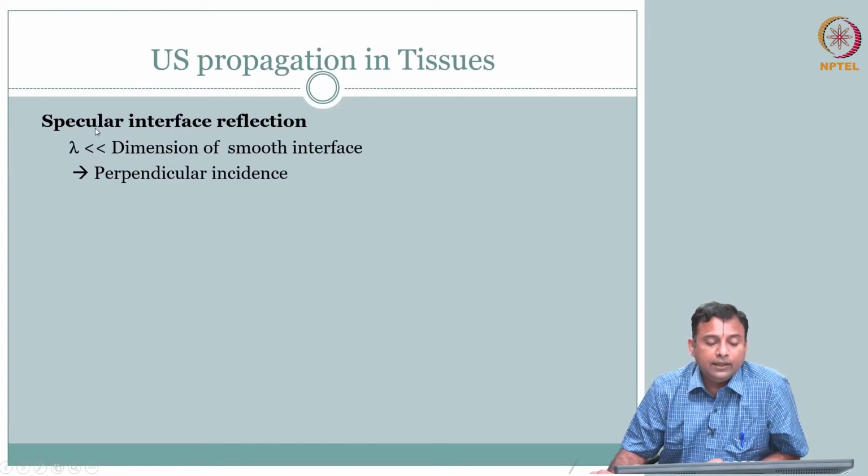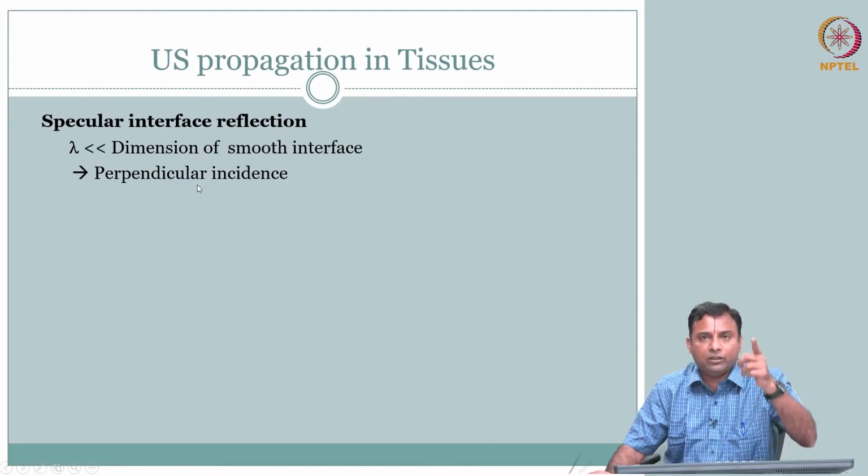So what other possibility is there? What we talked about, you have your lambda, right? We talked about specular. There is another thing called specular interface reflection, where your lambda is much smaller. This is the interface, right?